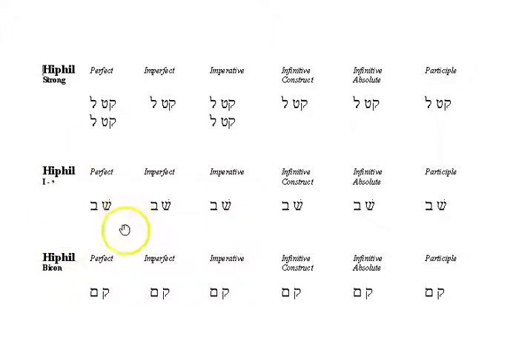So these first yod verbs where the yods become vavs, ho, ho, ho, and the biconsonantal verbs. I'm posting that here in case it would be helpful for you to print out and practice writing down those diagnostics.